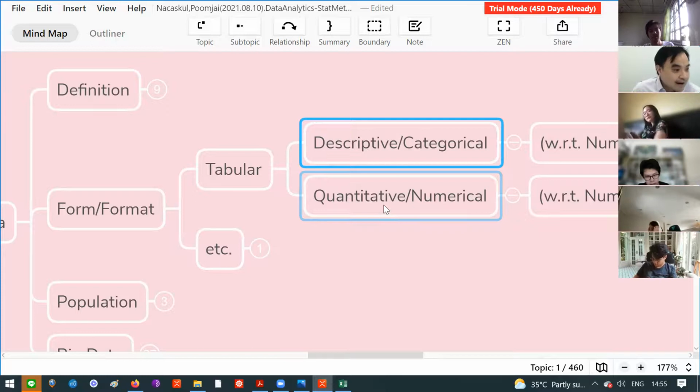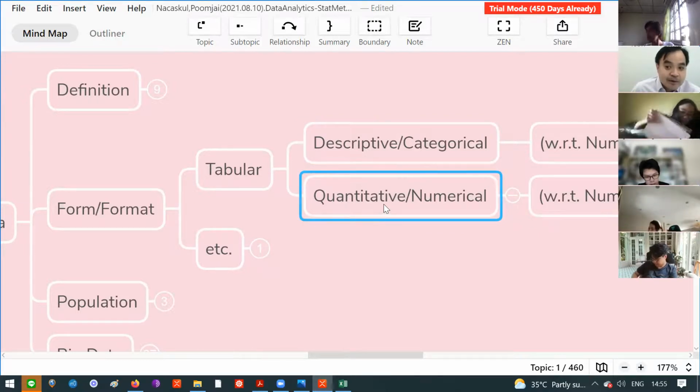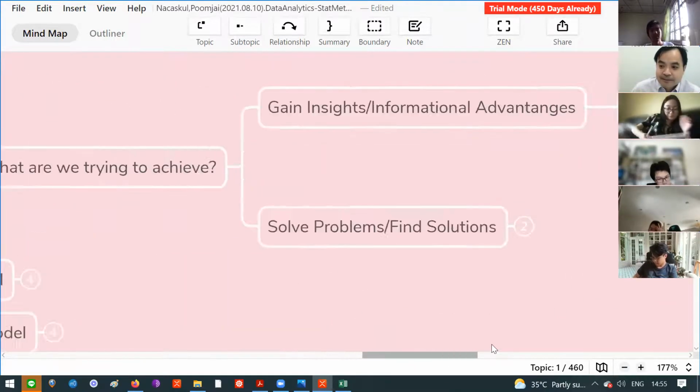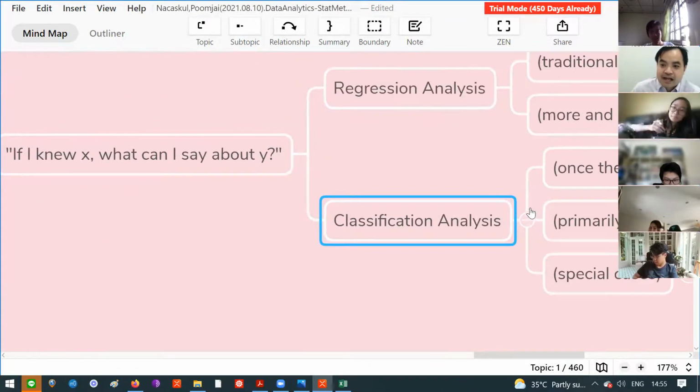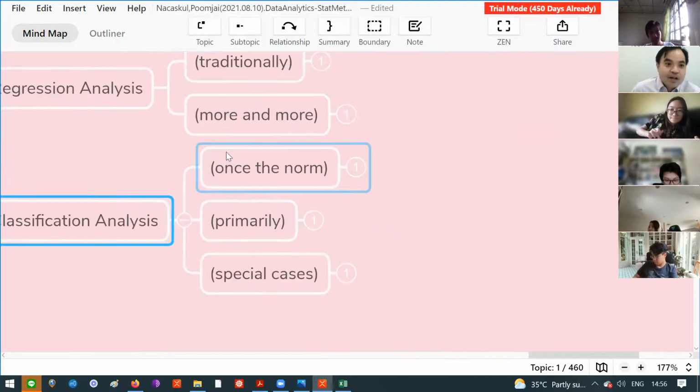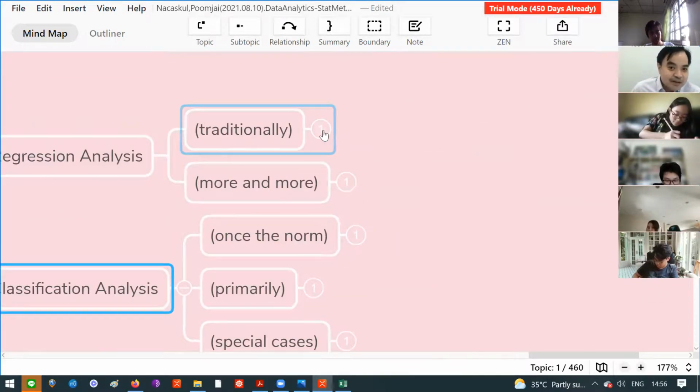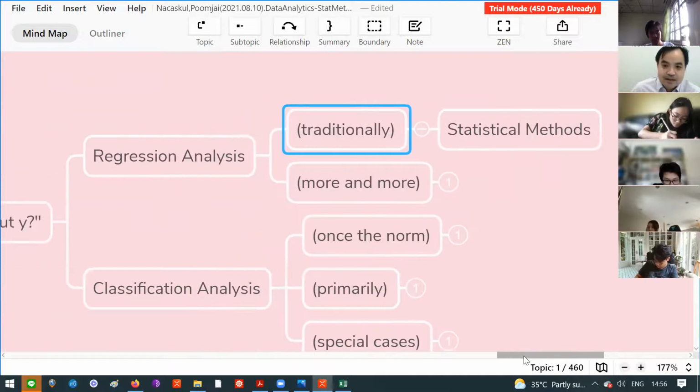If your target, your Y, is quantitative or numerical, then it is regression. So regression analysis is traditionally done using statistical method.